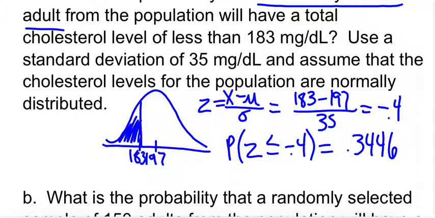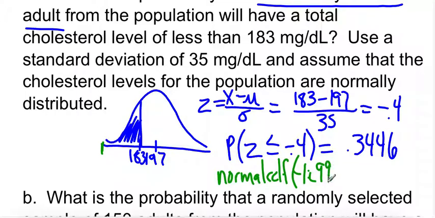Now, we also did these on the TIs, and if you do these on the TI calculators, that is totally fine. We are going to do normal CDF, and we don't actually need the z-score if you're going to use the calculator. Your lower bound is negative infinity, and your upper bound is 183.